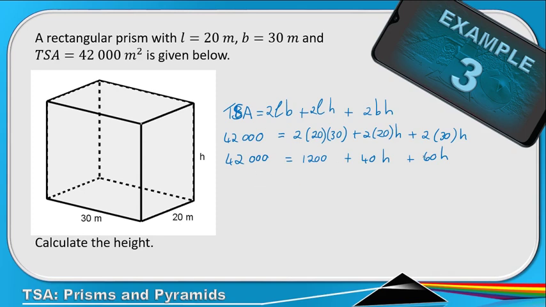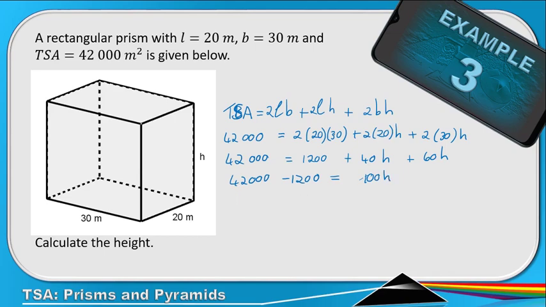Now just solving a linear equation, taking your variables to one side and your constants to the other side. So 42,000 minus 1,200 equals, if I add these up, 100h.